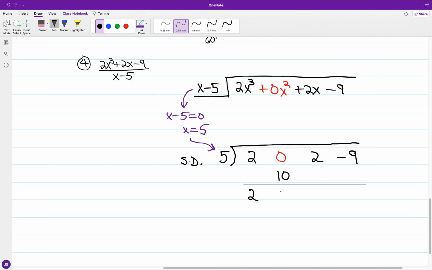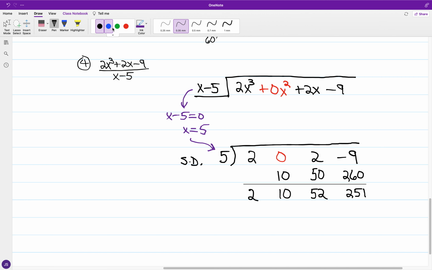So we have 0 plus 10 is 10, and 5 times 10 is 50, and we've got 2 plus 50 is 52, and 5 times 52 is 260, and negative 9 plus 260, that is going to be 251.